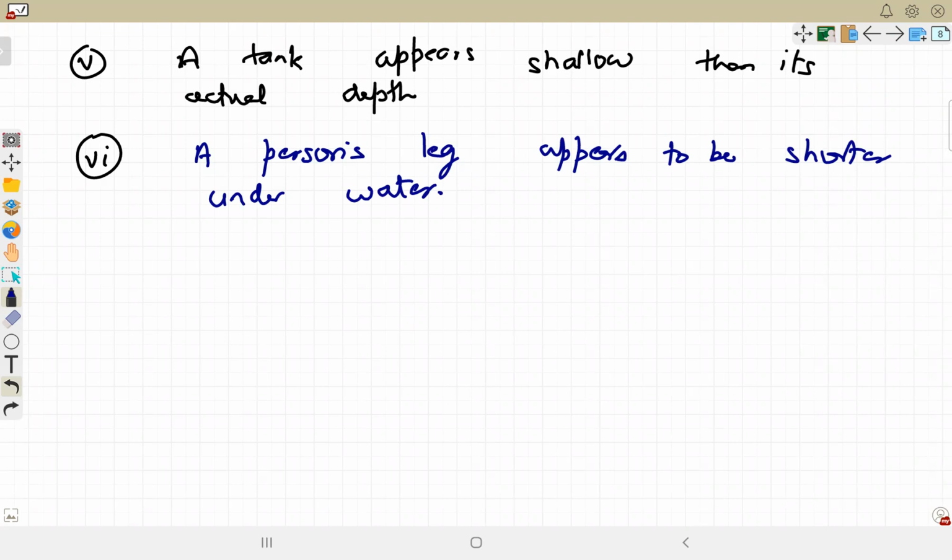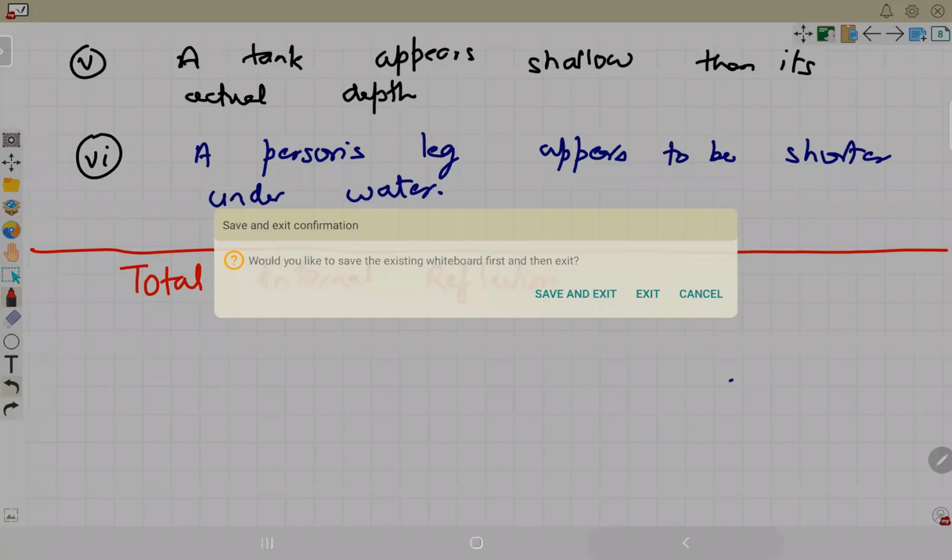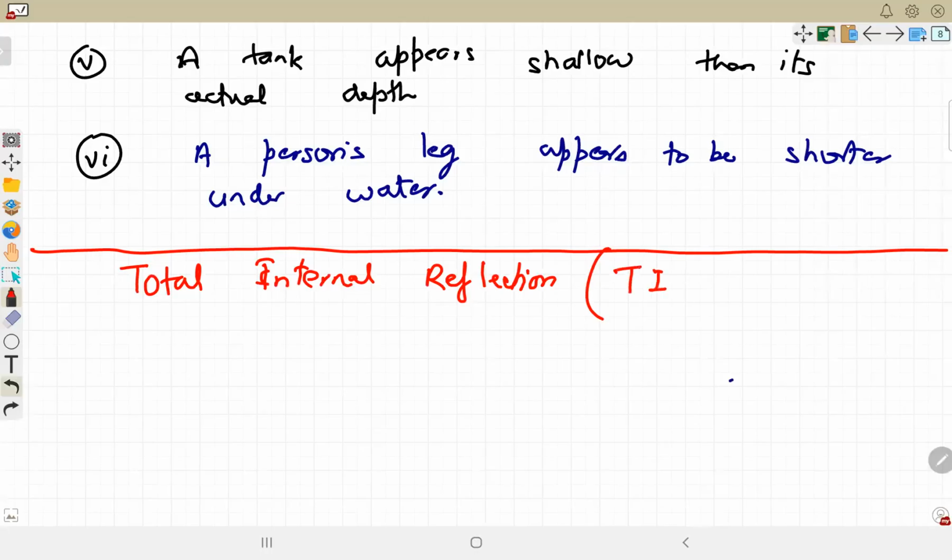Next concept is total internal reflection. Total internal reflection is a phenomenon again observed in nature. As the name suggests, the light will be totally reflected back into the same medium from where it started.